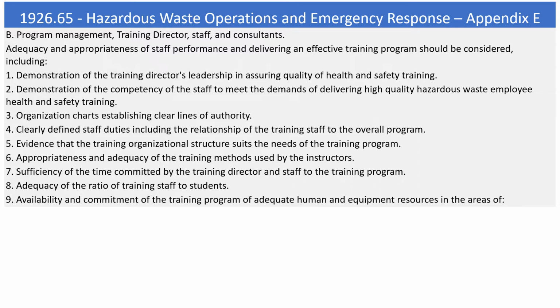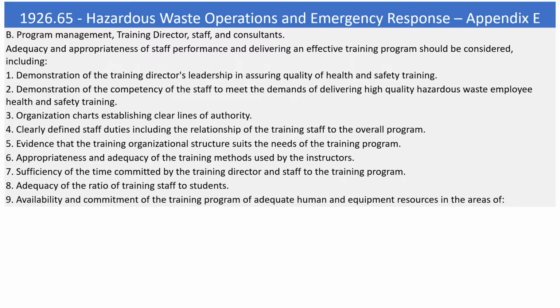Demonstration of the competency of the staff to meet the demands of delivering high-quality hazardous waste employee health and safety training. 3. Organization charts establishing clear lines of authority. 4. Clearly defined staff duties, including the relationship of the training staff to the overall program. 5. Evidence that the training organizational structure suits the needs of the training program.